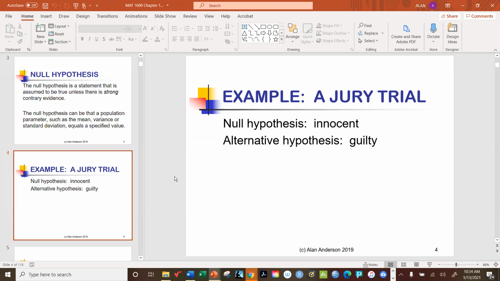So in that case, the null is innocent because we want to assume that unless we have strong contradictory evidence, like pictures of this person committing the crime. You know, that is what we would define as strong contradictory evidence. And therefore, we would conclude that the null hypothesis is false. The alternative hypothesis is true.